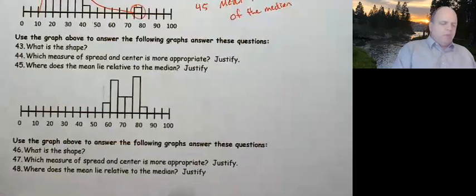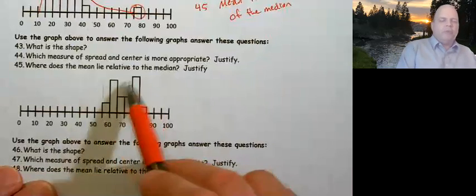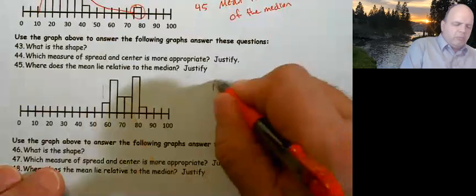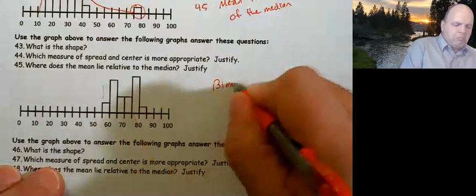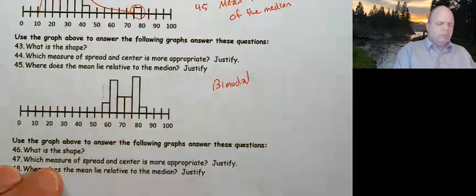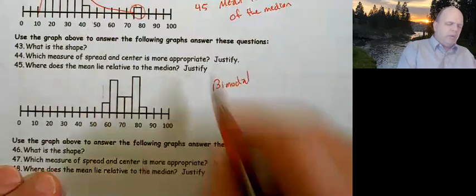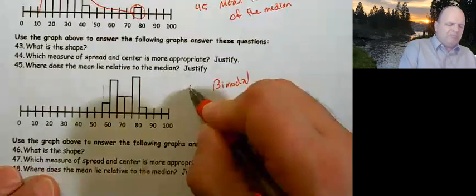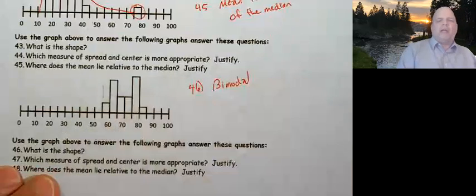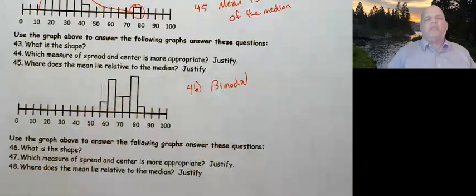So what's the shape? Well, I have two distinct humps. So in this case, bimodal, all right? This is close to symmetric, and so if you wanted to say bimodal and symmetric, it's reasonably symmetric. It's not exactly symmetric. The main thing to say here is that this is bimodal, all right?